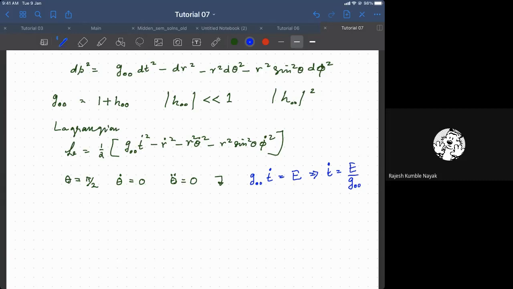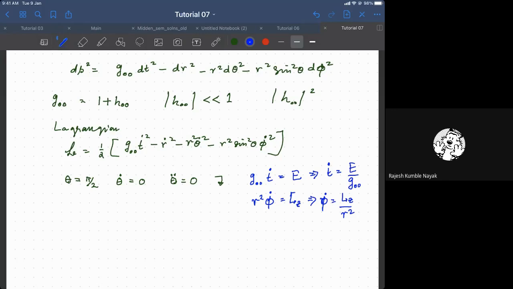And the second equation is the conservation of angular momentum. That would be R square phi dot is equal to Lz, that is the z component of angular momentum. And this implies phi dot is equal to Lz by R square. Now we have to use the next conserved quantity, which is the Lagrangian itself.